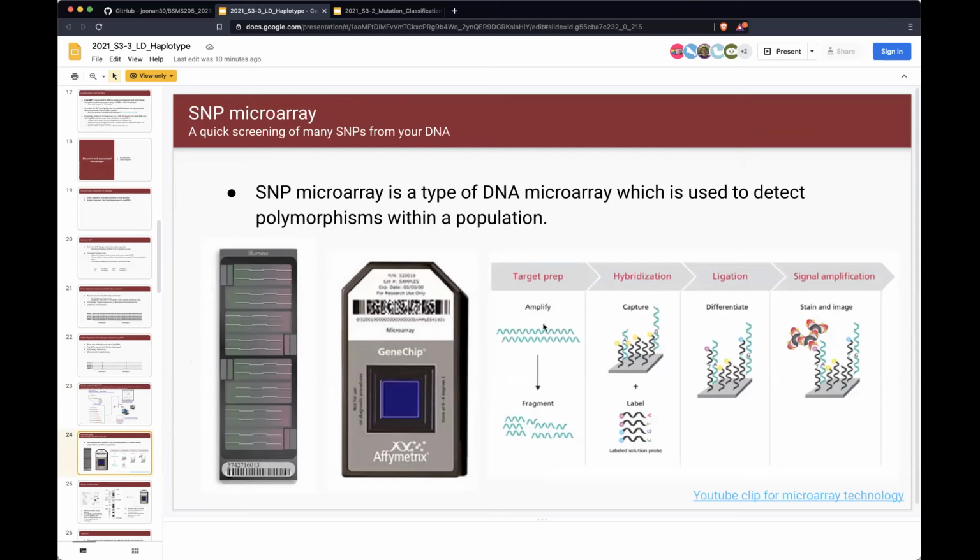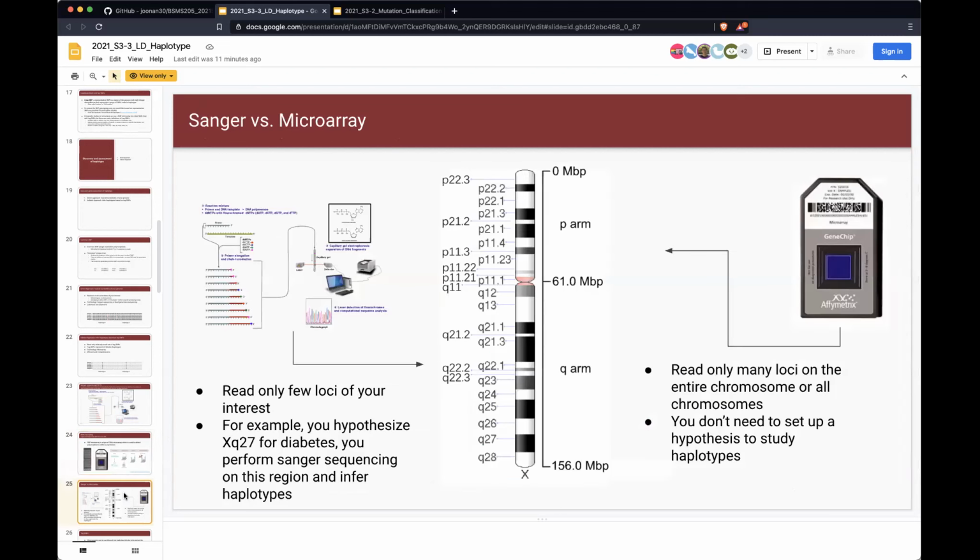So if you know the sequence of the tag position, then you bind that tag SNP probe onto the solid panel, which is like this chip or array. Then you put your DNA, and which DNA parts actually bind to this area, then you can estimate which sequences are binding to the information.